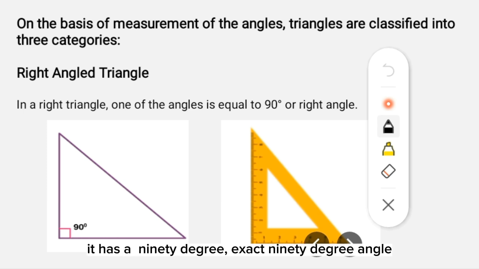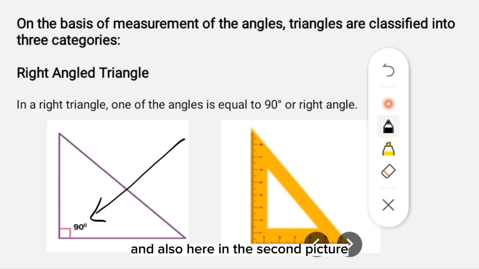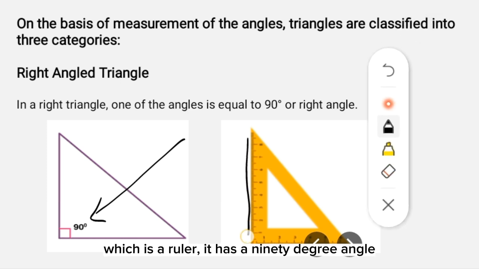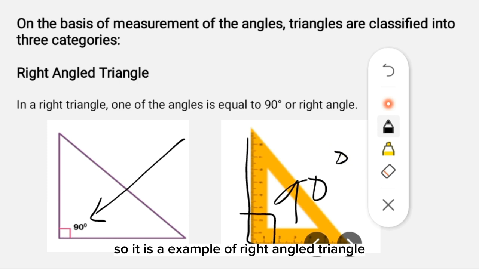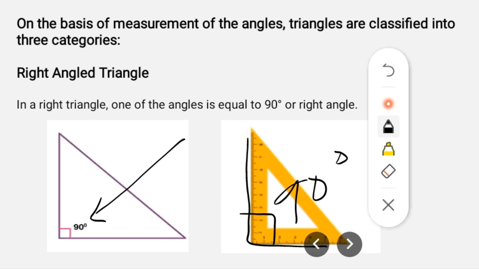It has an exact 90 degree angle, and also here on the second picture, which is a ruler, it has a 90 degree angle. So it is an example of a right angled triangle.